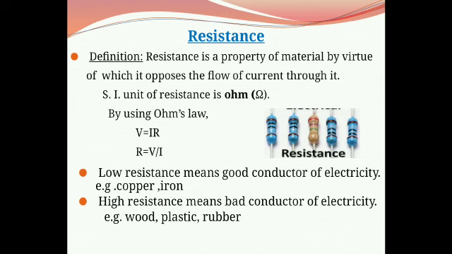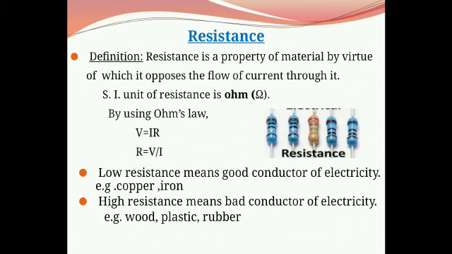By using Ohm's law, V equals IR, and therefore R equals V upon I. To find the SI unit of resistance, first find the unit of voltage and unit of current. Unit of voltage is volt, unit of current is ampere, and therefore the unit is volts per ampere, which is also called ohm. Therefore the SI unit of resistance is ohm.